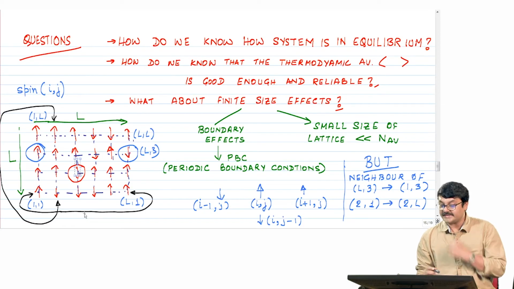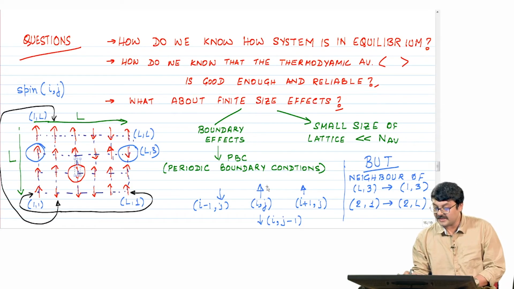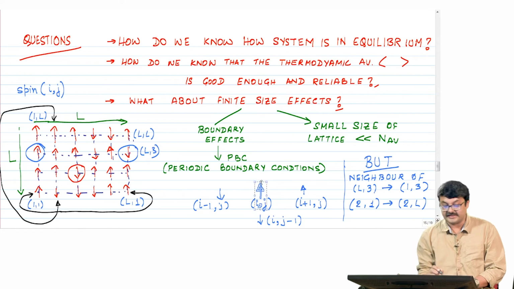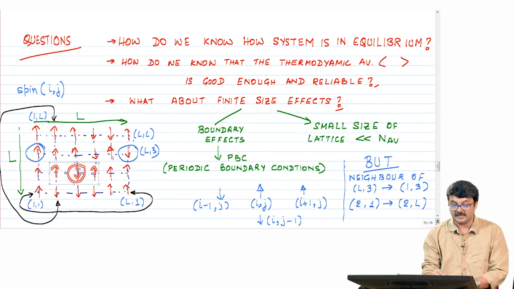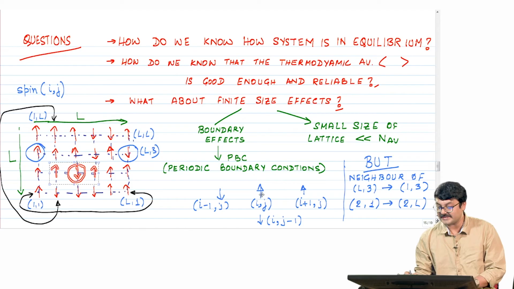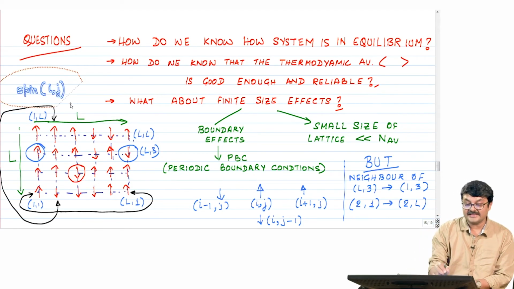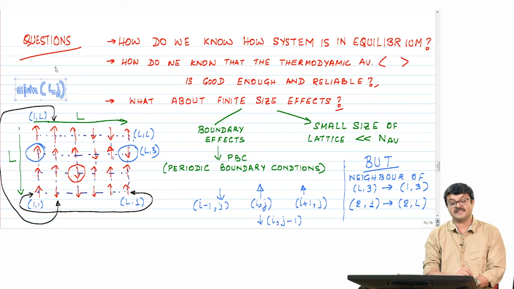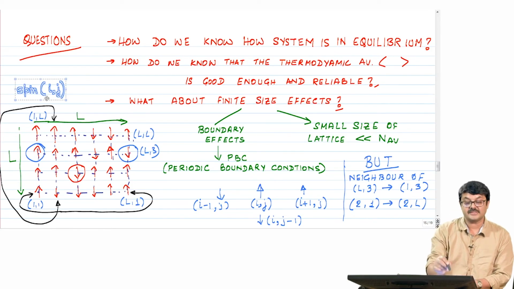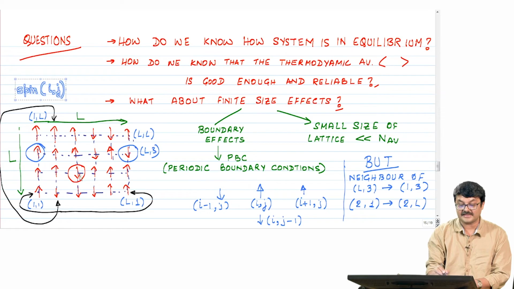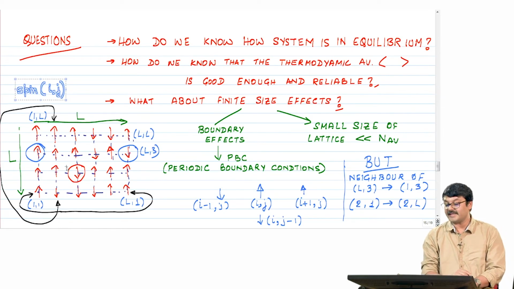Now, let us say that this is spin I j. Each site on the lattice is denoted by an array, and choosing I and j fixes a particular lattice site.